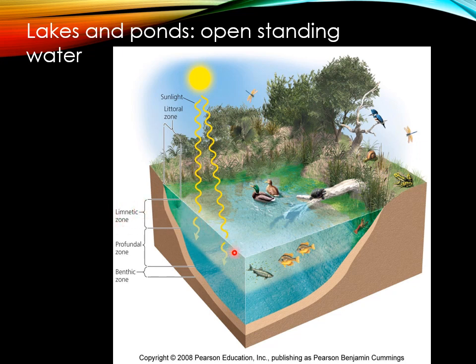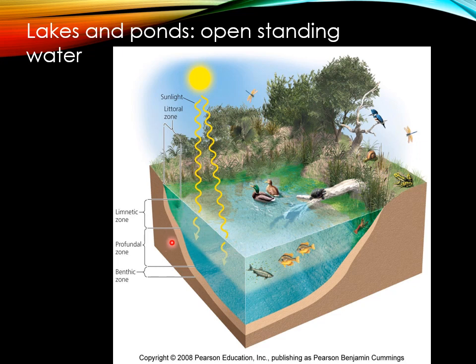So this is open water, and notice it's also where sunlight is penetrating. We also can call this area the photic zone. So photic means light. So this is the area where light penetrates. And so this is more productive too because you have algae that can be the base of the food chain.